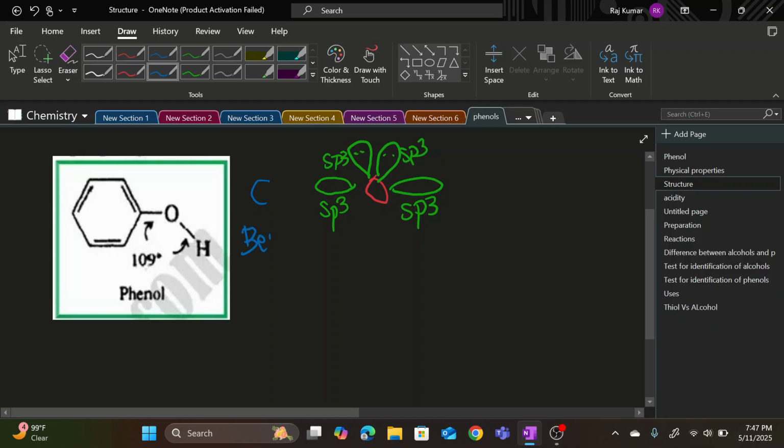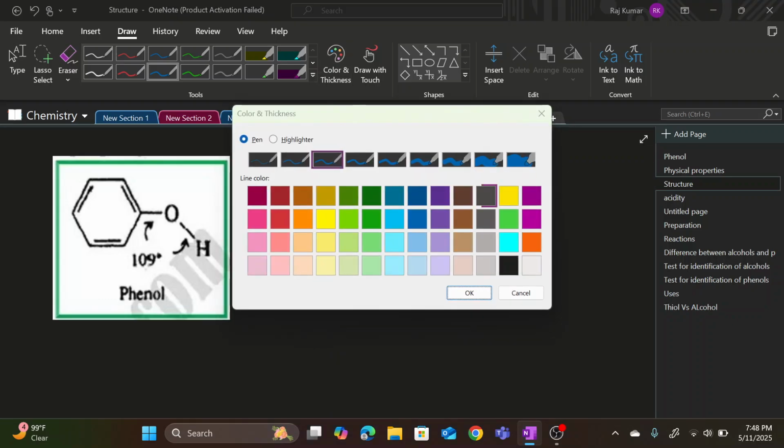That carbon of the benzene ring is sp2 hybridized, and it is attached to the sp3 hybridized orbital of oxygen, which basically forms this overlap.